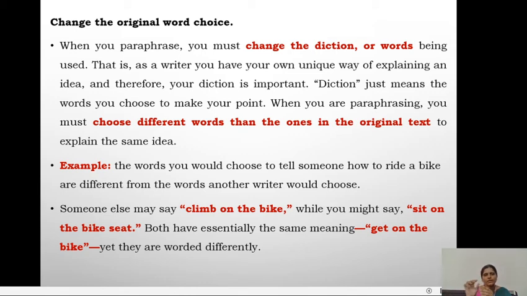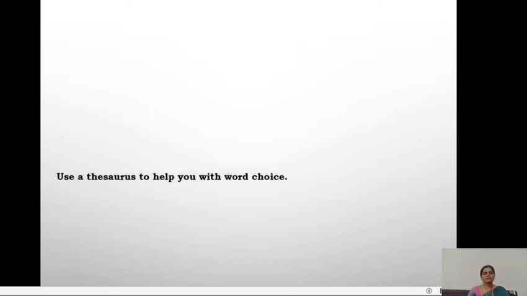"Get on the bike" is a phrase. Instead of this, we can use "climb on the bike" or "sit on the bike seat." So we can use different word combinations to convey the same meaning. That is what we are telling here. In the original text, whatever words are used by the author, when you paraphrase, try to make a difference in the word choice, but it should convey the same meaning.